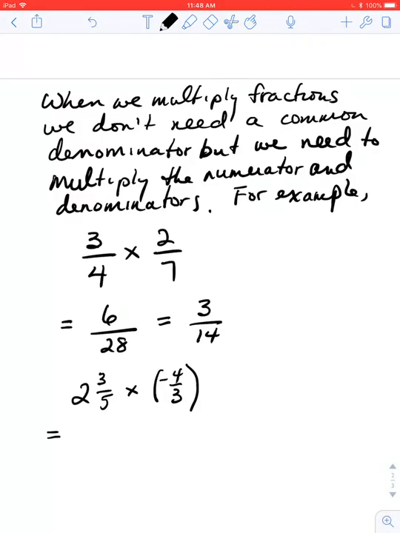This would be 2 times 5 is 10, plus 3 is 13/5. In this case here, 13 times -4 is -52/15, and that would be in lowest terms.